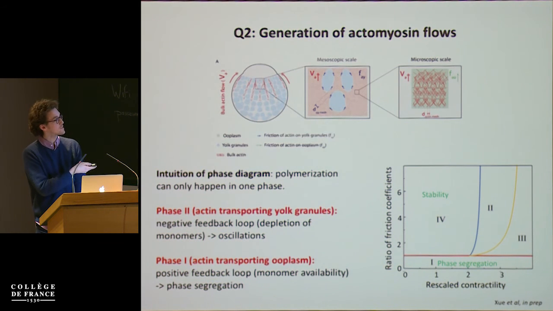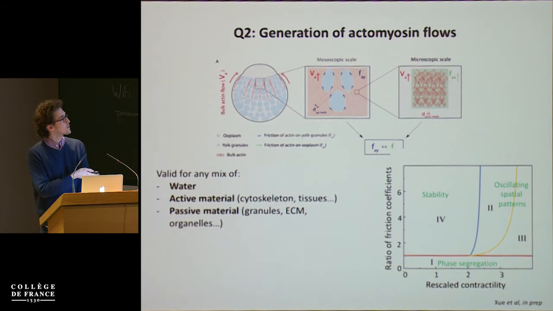So we're looking systematically in this kind of phase diagram. And as a small theoretical side note, you could imagine this in any situation. This model is valid for any mix of water and active material, which could be cytoskeleton, but which could also be tissues, or any passive material. Here it's granules, but you could imagine the ACM for a tissue or organelles in a single cell. So in principle, you can get any kind of these things.